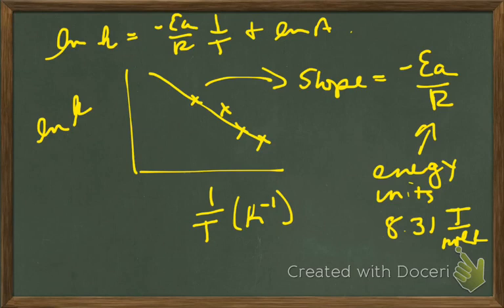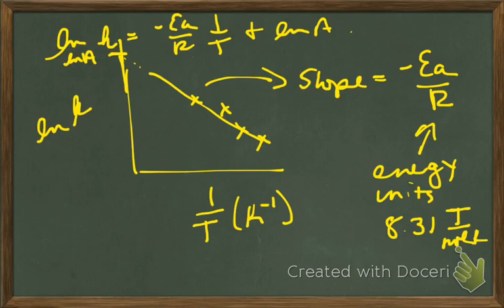So graphically and through experiment, you can determine the activation energy of a reaction. And if you were to extend this line, you would get the natural log of A as your y-intercept.